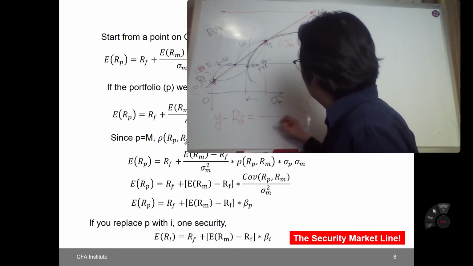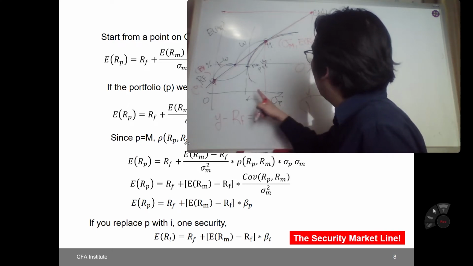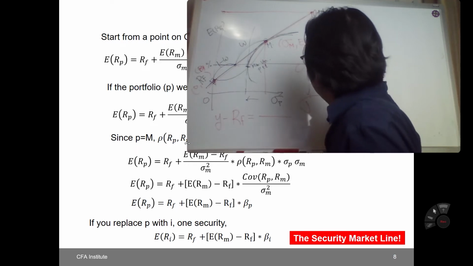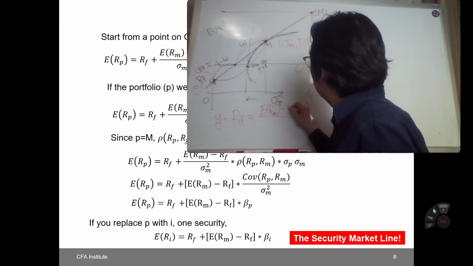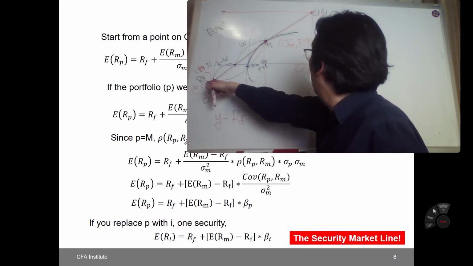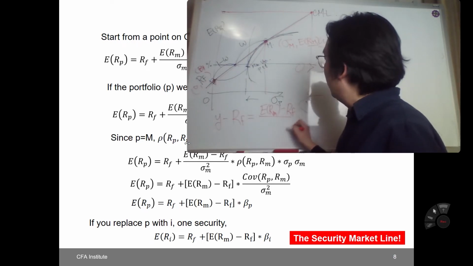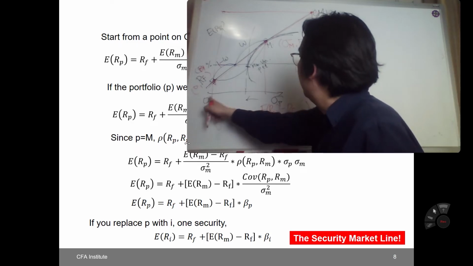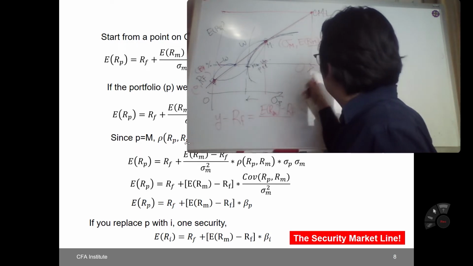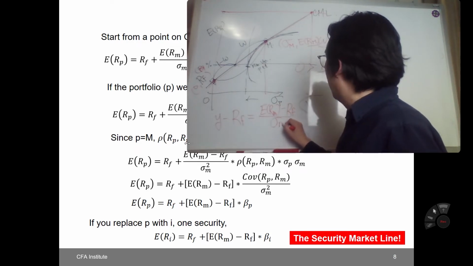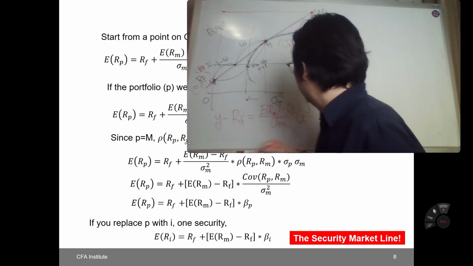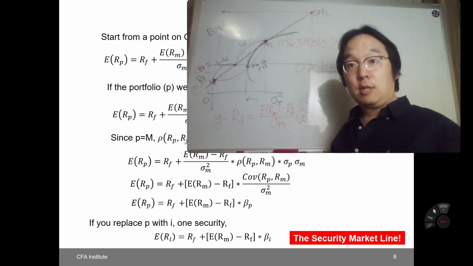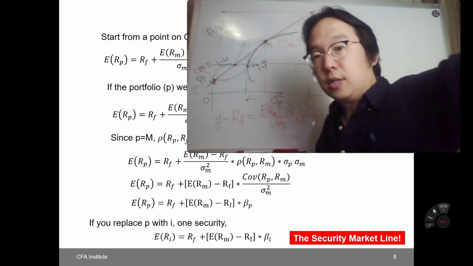what's that? Rise over run. Okay, rise over run. That is this guy, expected return on the market, minus RF, that guy, right? Over run. So from this one, 0 to sigma m, so that's this guy. And then x minus 0. Make sense? Yeah. Can you see it?